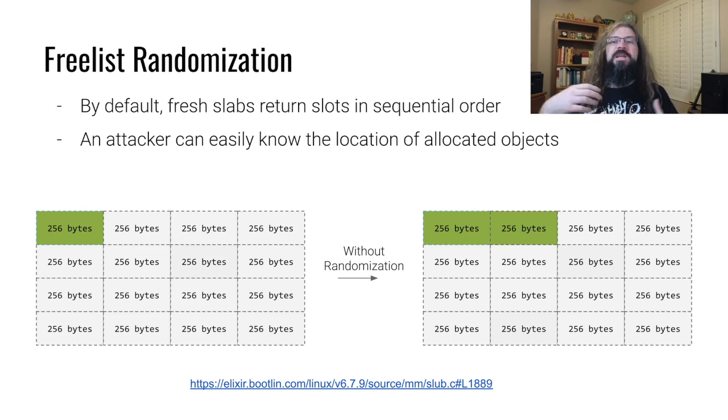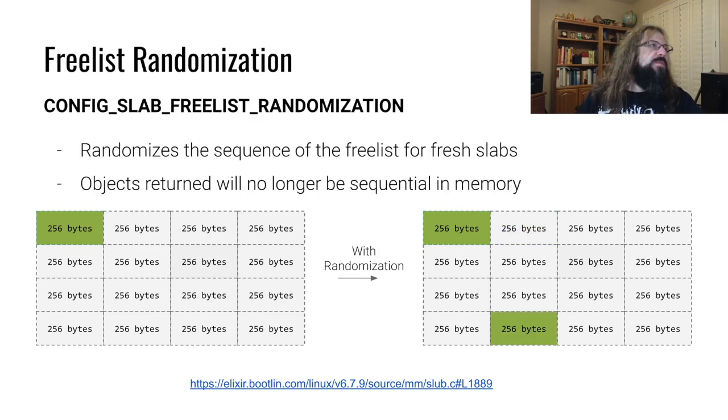But the key for the attacker is to know where these objects are being allocated in memory to then take advantage of the relationship between those locations. And so by having this in order, it's easy for an attacker to know the relationship between allocations on a fresh slab. So Freelist randomization does exactly what the name implies.